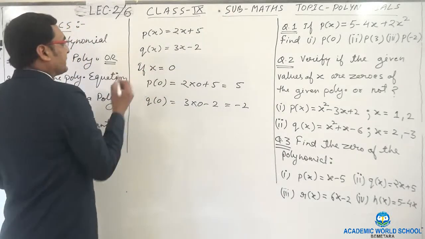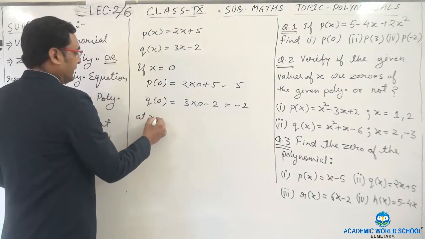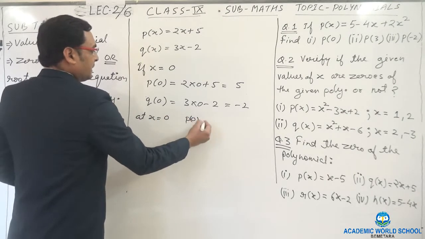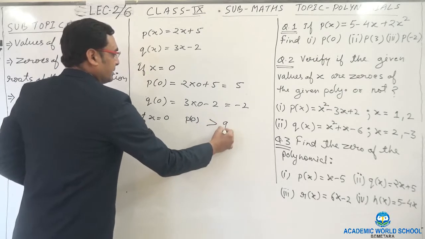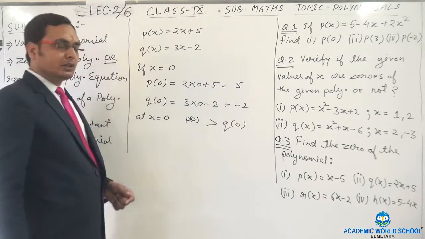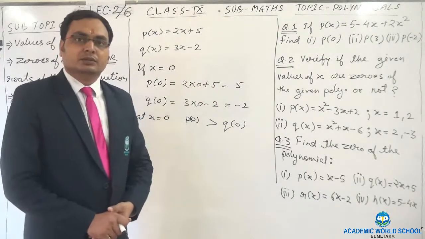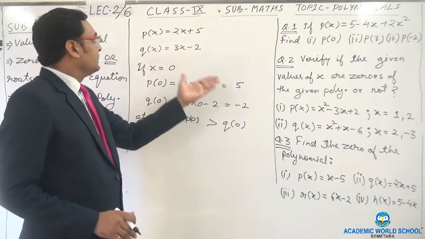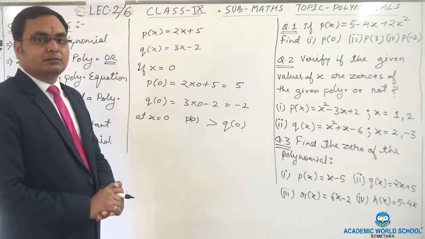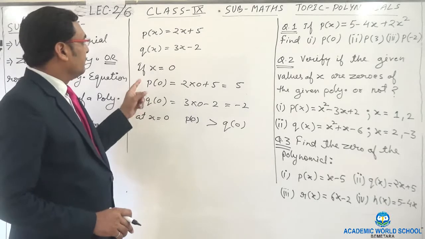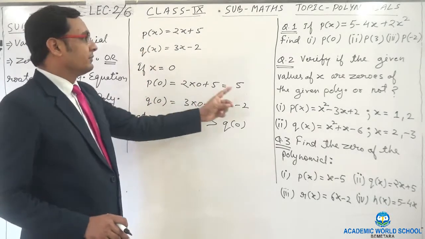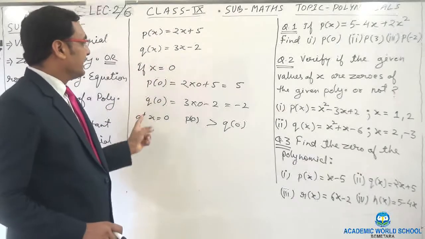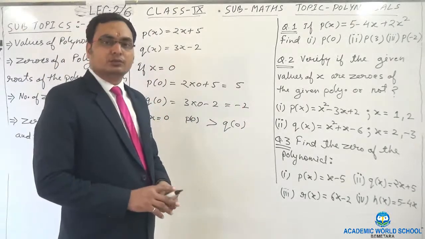So at x is equal to 0, p(0) is greater than q(0) because we have calculated their value. And these values are called the values of this polynomial. At x is equal to 0, value of this polynomial p(x) is 5, and value of this polynomial q(x) is equal to minus 2.